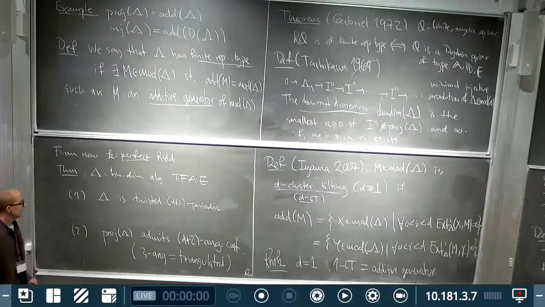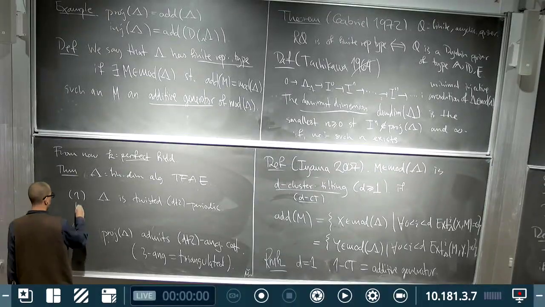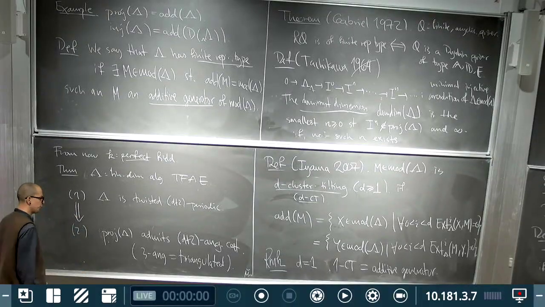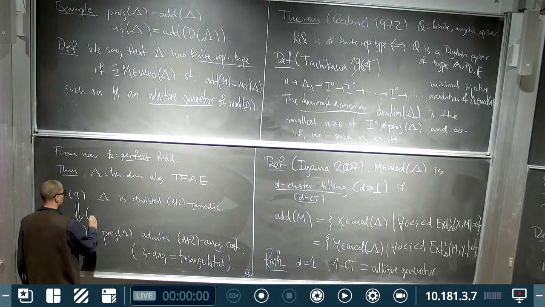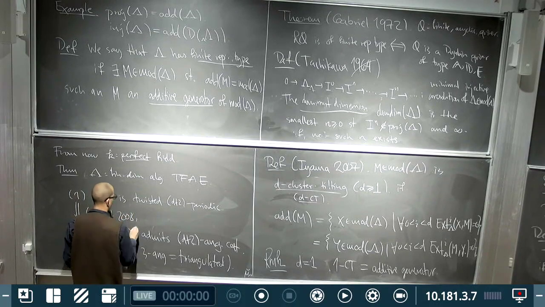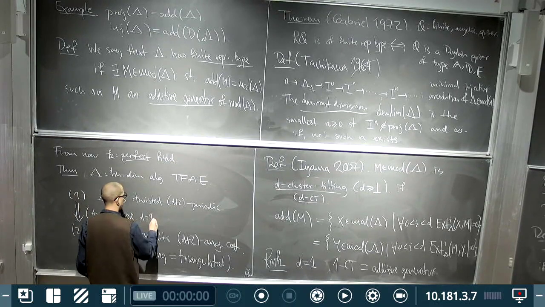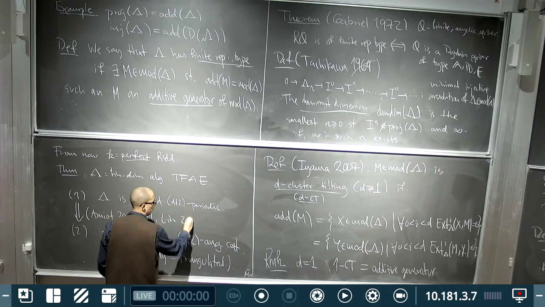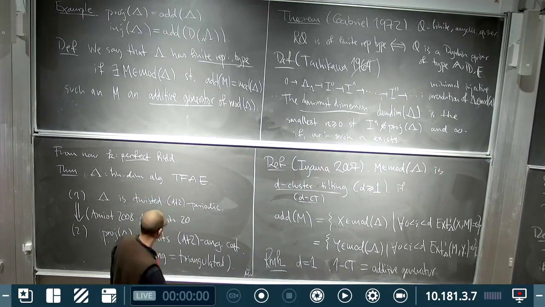So one direction, from top to bottom, if you have a twisted d plus 2 periodic algebra, this is work of Claire Amiot in the case d equals 1, and Lin in 2019.